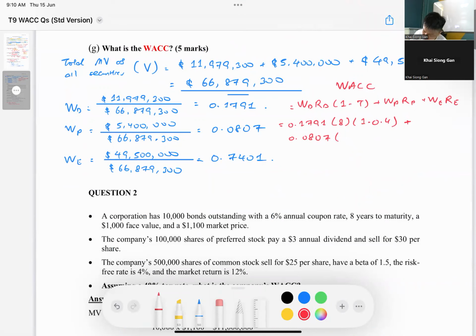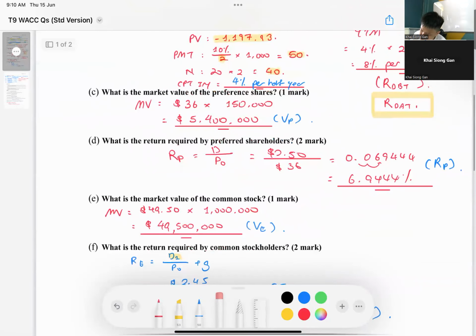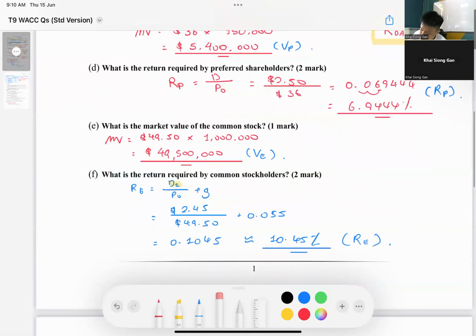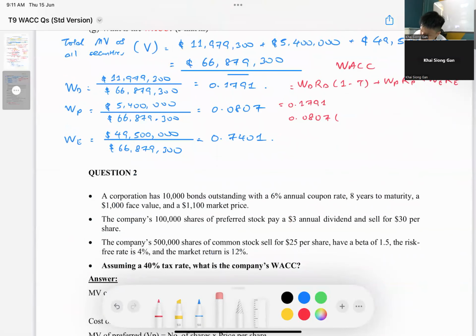Okay, so hold on, give me a while. 8%, and this is 0. Okay, then I put into decimal first. Hold on. So I put all in decimals, better. So give me a while. Okay.